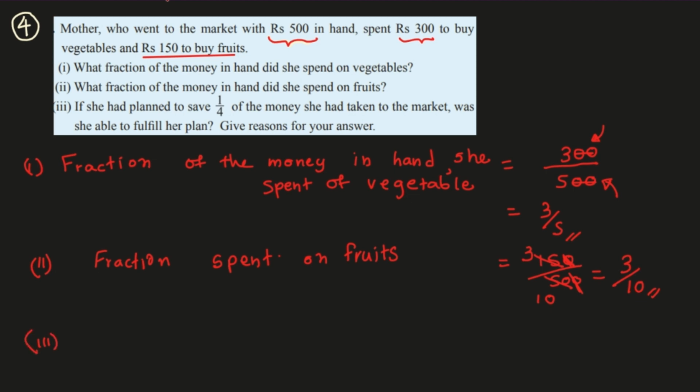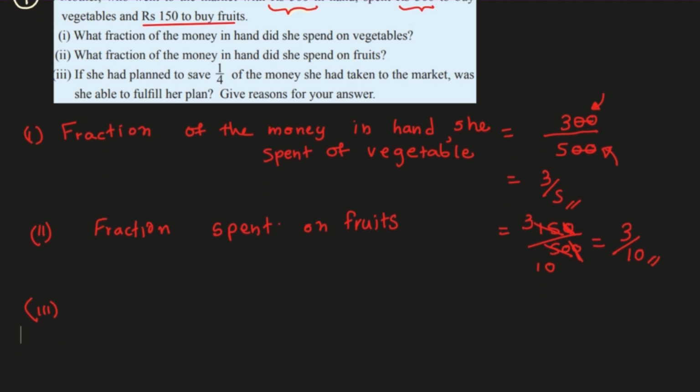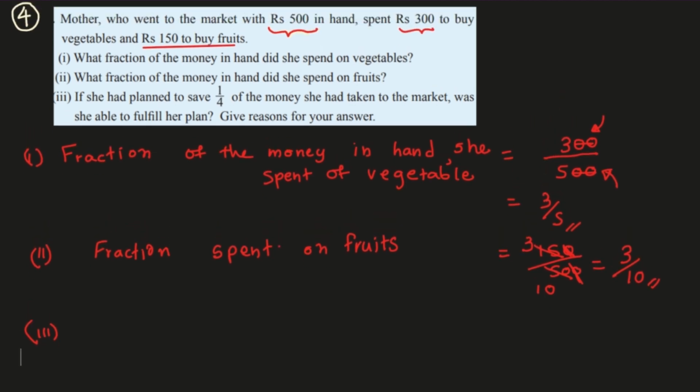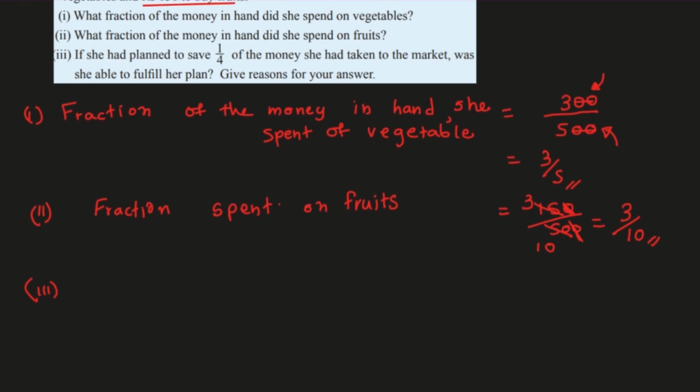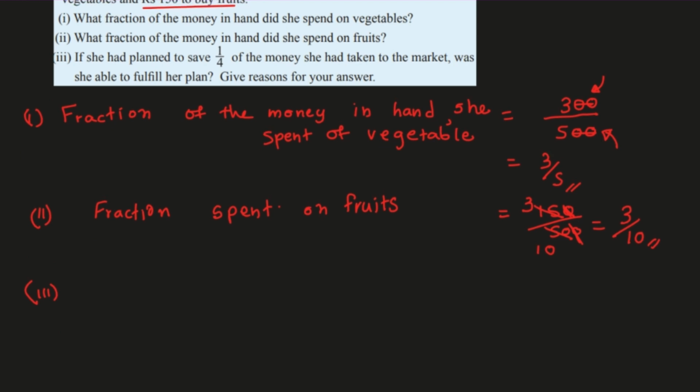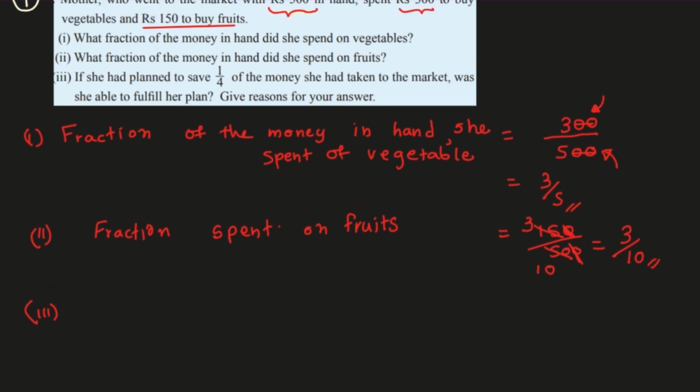So what's the third question? If she had planned to save one fourth of the money she had taken to the market. Now, you know the money she had taken to the market is 500. So she has planned to save one fourth of it. Was she able to fulfill her plan? Give reasons for your answer.